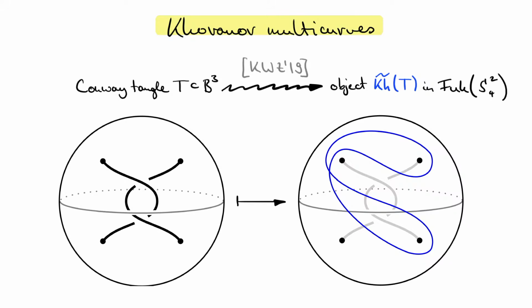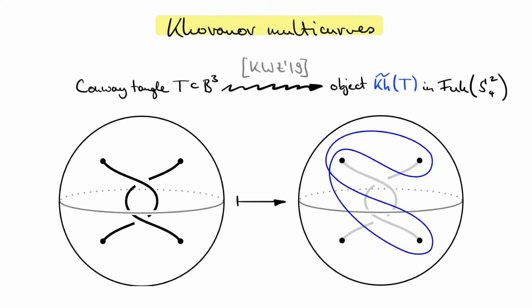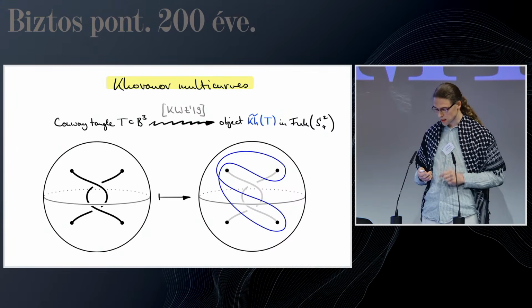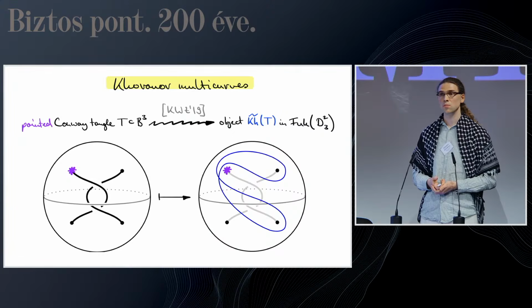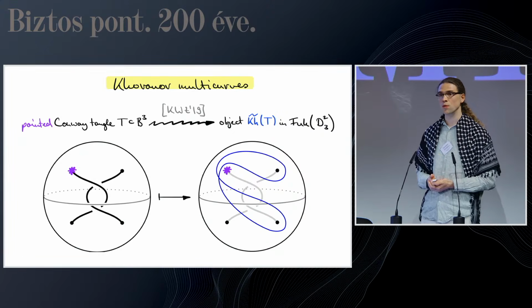For any Conway tangle, we associate an object in the Fukaya category of the surface, which is the four-punctured sphere that is the boundary of the three-ball in which the tangle lives. There is one subtle point, namely, we have to fix a base point to make this work, and this will play an important role.